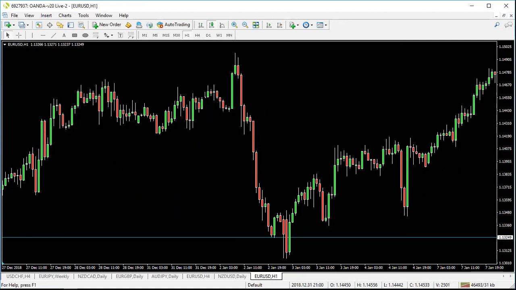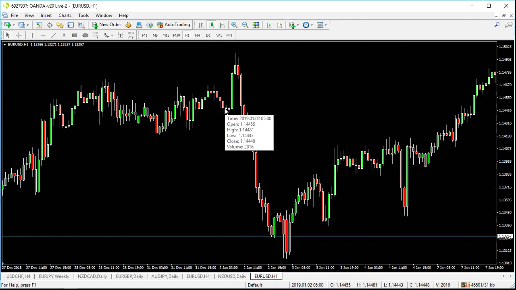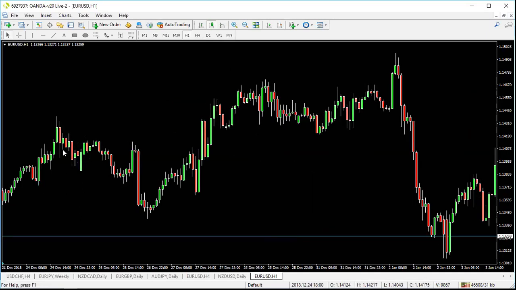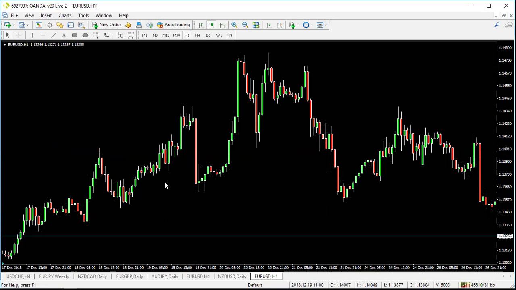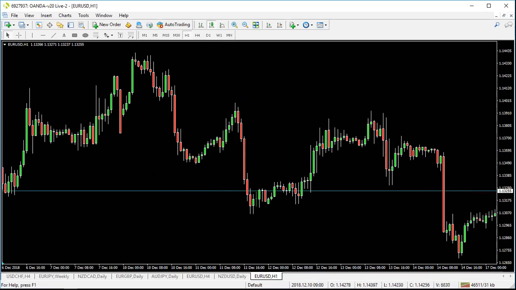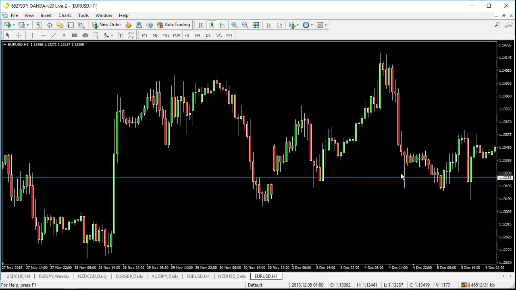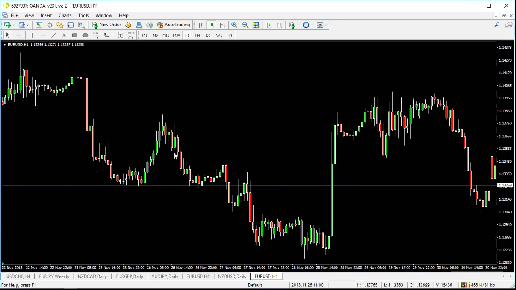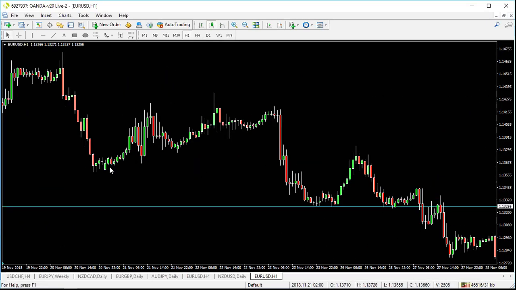You can see the market comes up, creates an indecision, followed by a second indecision, market drops. Here's another example. Market drops, creates an indecision, second indecision, market rises, creates tweezers. I just don't like sloppy ones.